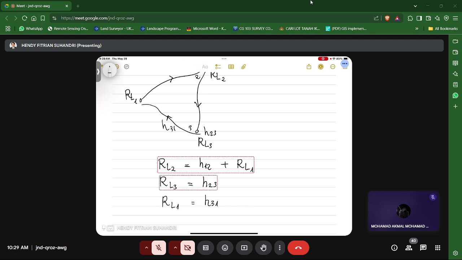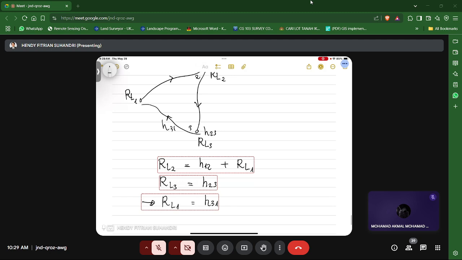So the last equation is acting as a control of your measurement, because we know already RL1, but we still put it in the equation because we have the h31. So we have 3 equations with 2 unknowns. The unknowns are RL2 and RL3. This is the normal case in leveling.